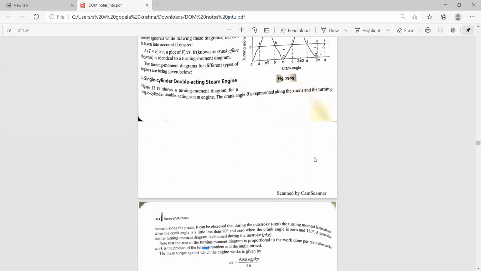Now going to take the second one, that is the single cylinder 4-stroke engine. While we take the single cylinder 4-stroke engine, there are 4 strokes. For getting the power stroke, we complete 2 revolutions.